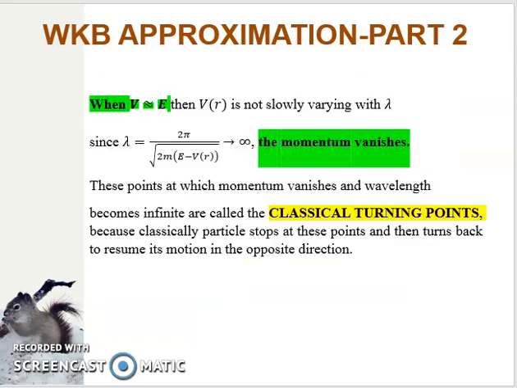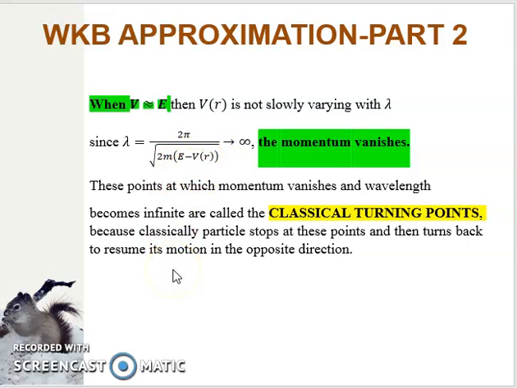Now in the special case, when the potential is equal to the incident energy, then V(r) is not slowly varying with lambda. Rather, this lambda equal to 2 pi by p becomes infinite as the denominator, that is the momentum, becomes 0. When E equals V(r), this bracket term becomes 0.